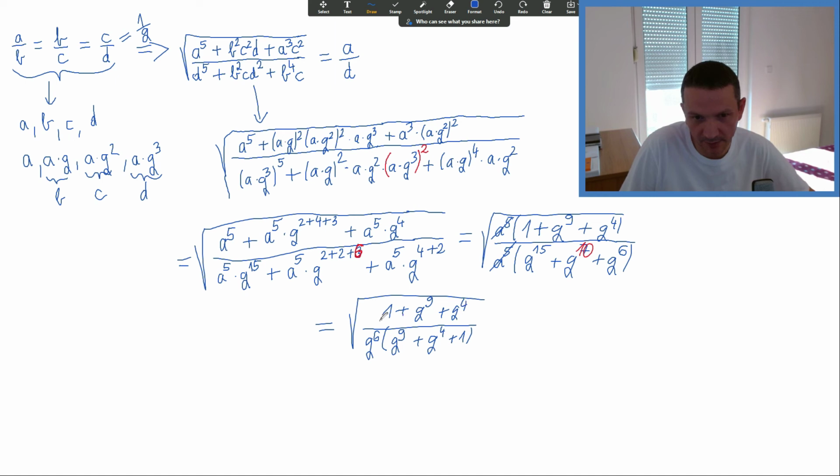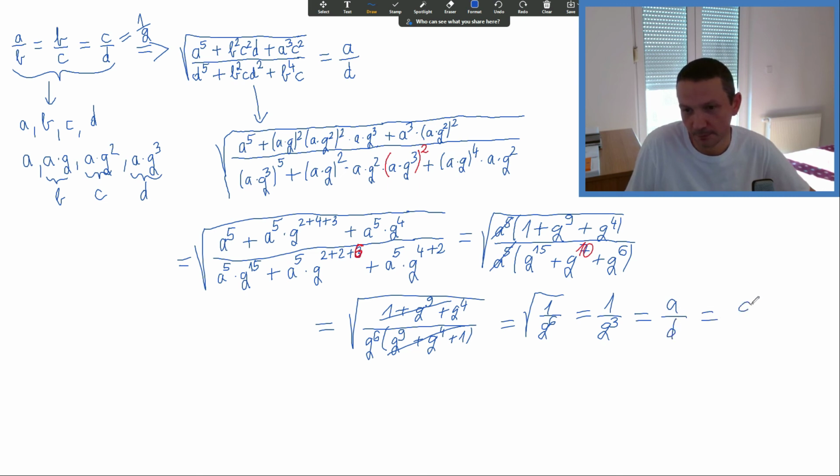So finally these and these cancel out, and we are getting square root of 1 over Q to the power of 6, which is 1 over Q cubed. And that is exactly A over D, because D is A times Q cubed.